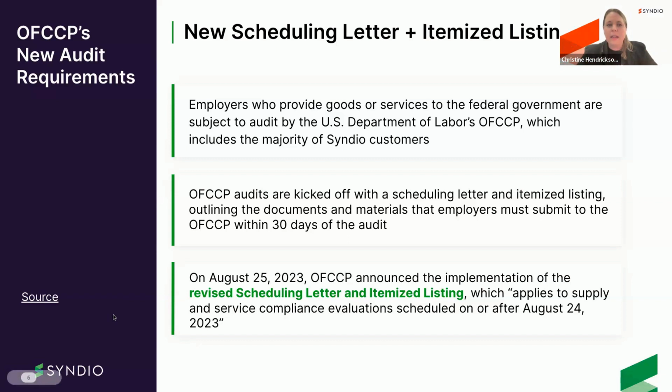For folks who have never had the pleasure of an OFCCP audit, the changes we're talking about today, to the scheduling letter and the itemized listing, are a really big deal, because you have to have those things on hand and ready to go. You only have 30 days to gather it.